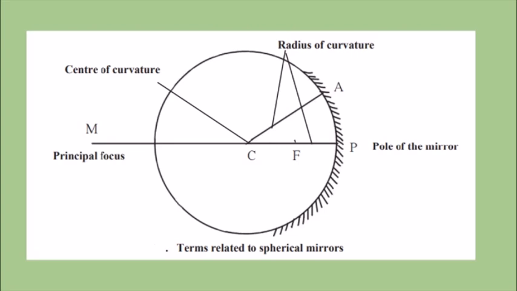Then we have the principal focus, that is F, which lies between C and P on PM, and the focal length, that is the distance between P and F. So these are all the terms.